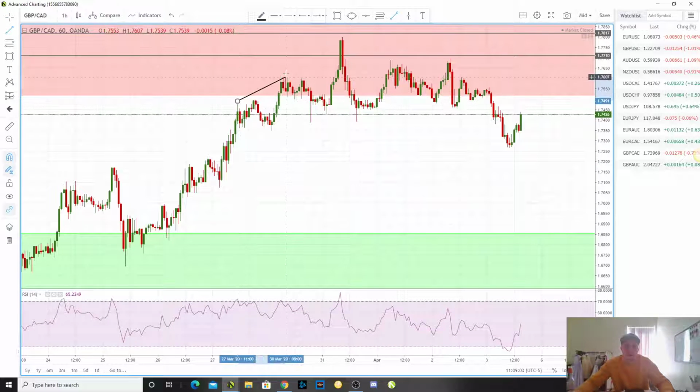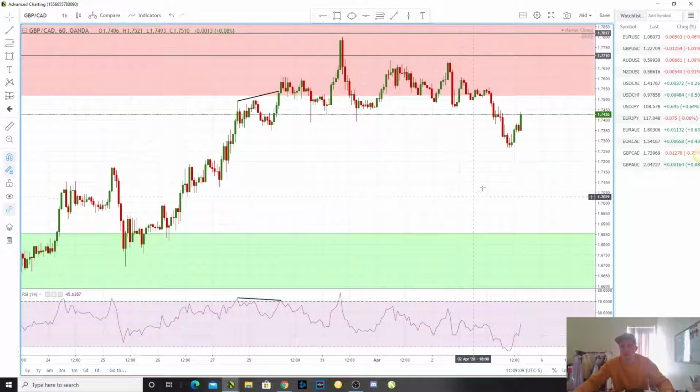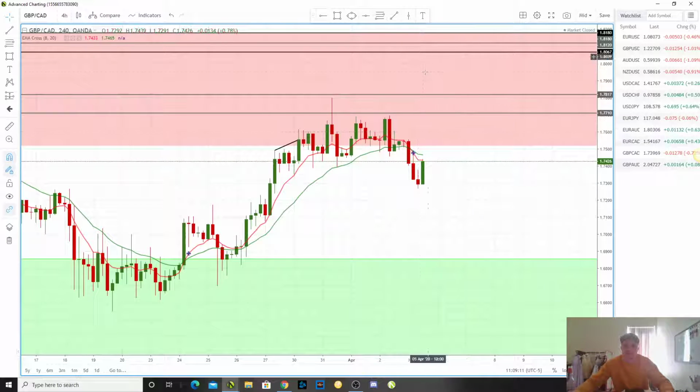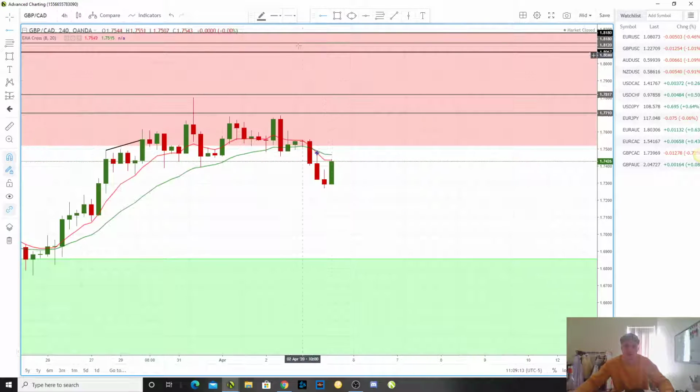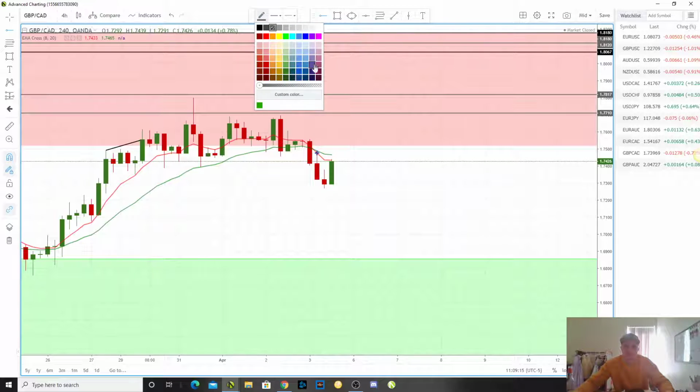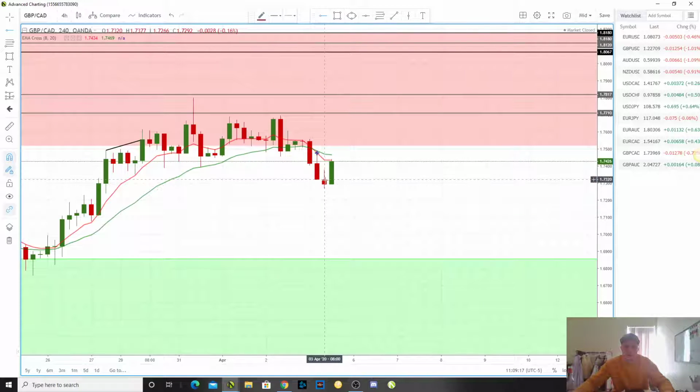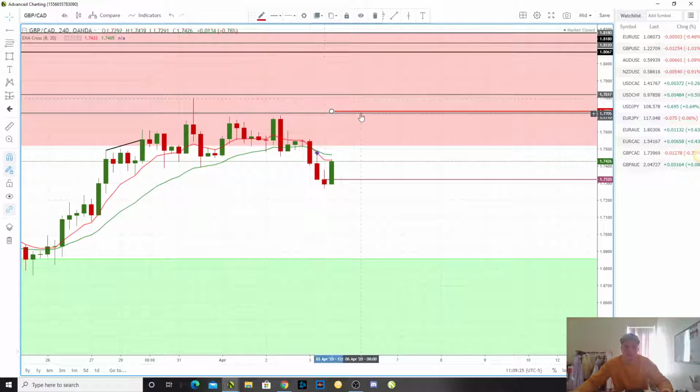So we've got like this. So there's your divergence as it comes into there. We get the cross. So yeah, this is definitely a trade that I'm going to take. That nice poopy maroon color. I'm going to set this up as a sell stop. Darker line, darker red.